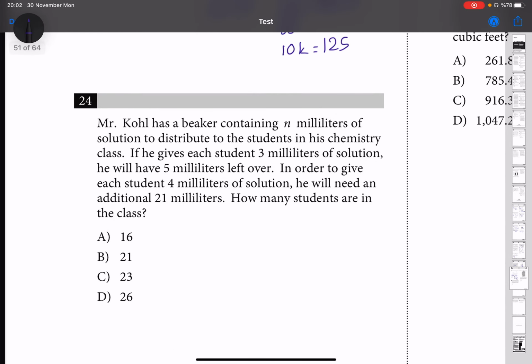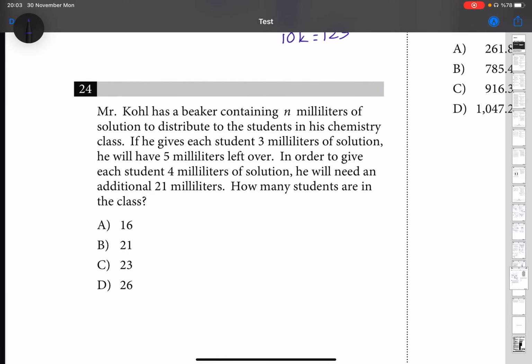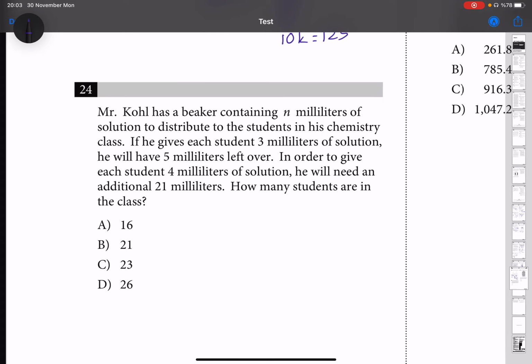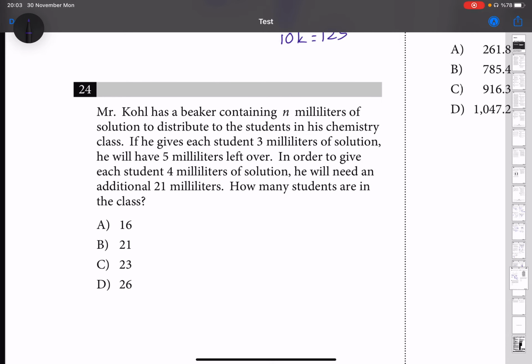Question 24. Mr. Cole has a beaker containing n milliliters of solution to distribute to the students in his chemistry class. If he gives each student 3 milliliters of solution, he will have 5 milliliters left over. Let's model this case. Let's assume that the number of students in the class is x.